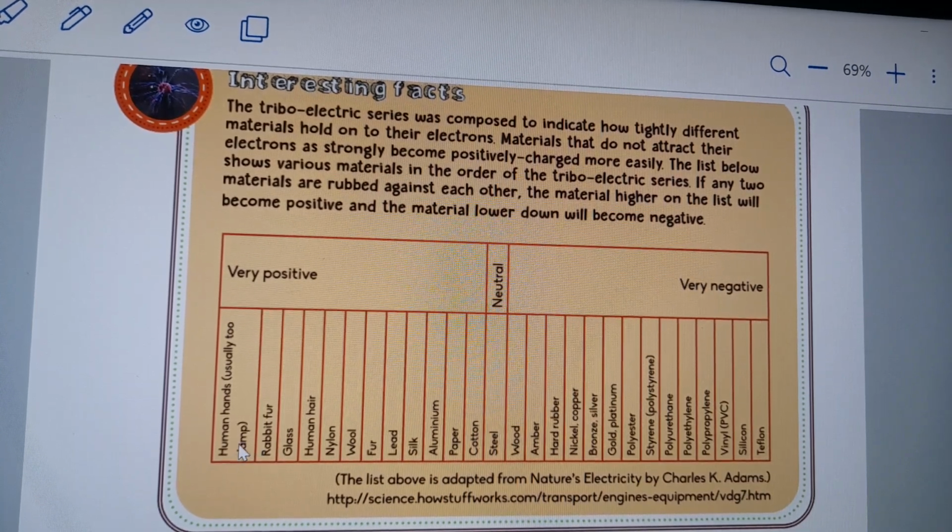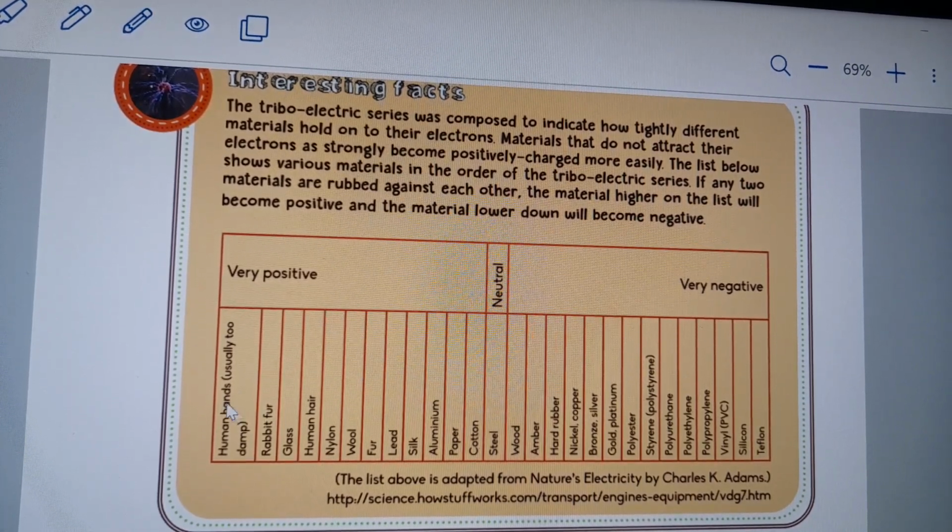Okay, so we start from the top. This is the top. So this is very positive. Okay, and this is neutral, and this is very negative. I need to read this again. If any two materials are rubbed against each other, the material higher on the list will become positive.